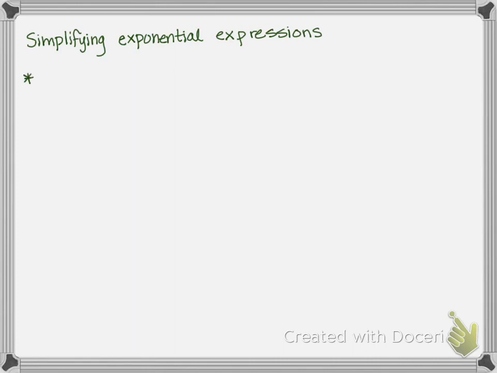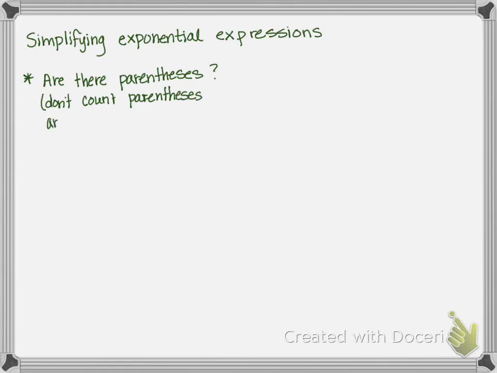There are basically three things we don't want in our final answer. The first is parentheses. So you're going to ask yourself, are there parentheses? When you ask yourself this question, don't count parentheses around negative numbers.